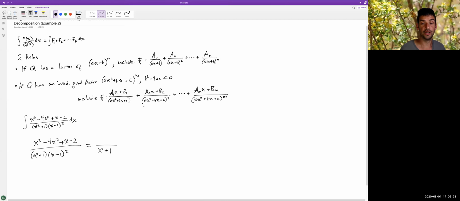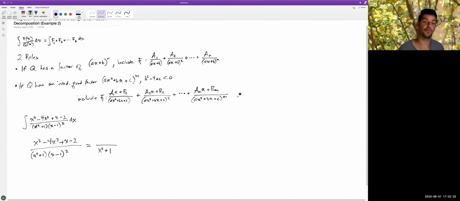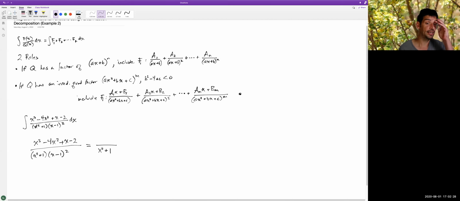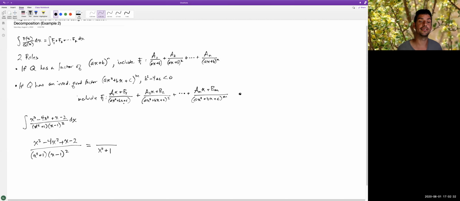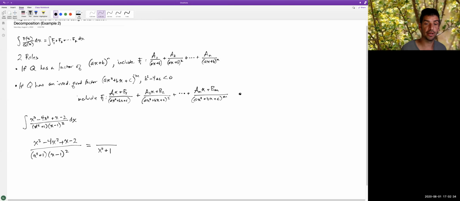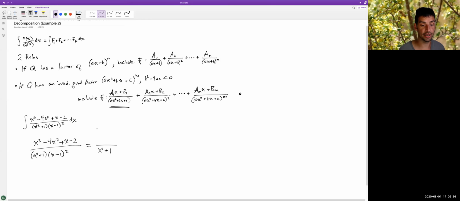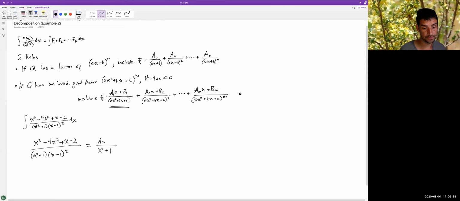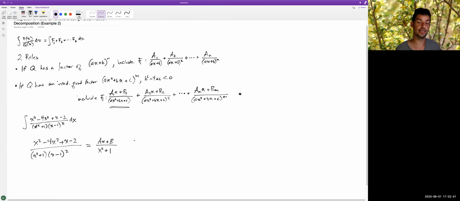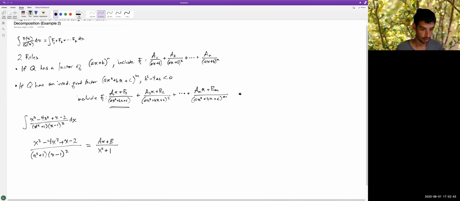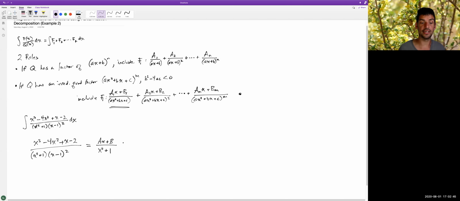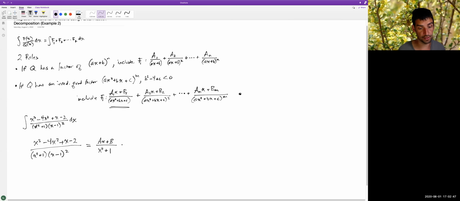So this is our second rule here, this last row: if we have an irreducible quadratic, this is the case where m equals 1, so we just have this first term here. And above it, we're going to put a linear term, right? And the constants a and b are what we're going to try to discover.